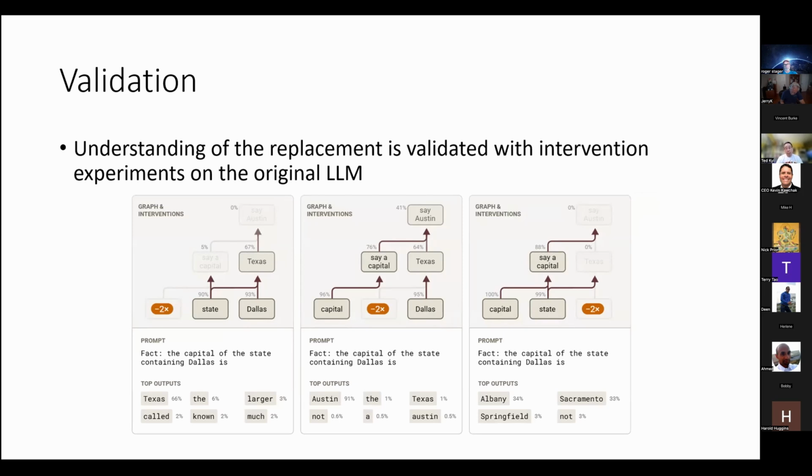They will do ablations, causal interventions on the real LLM to say, if this thing is so important, what if I zero it out? Does the next token prediction change? If this thing about Dallas is causing something about Texas and that's so important, what if I swap Texas with California?